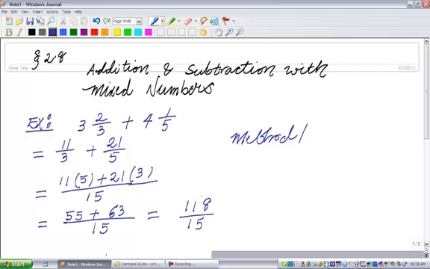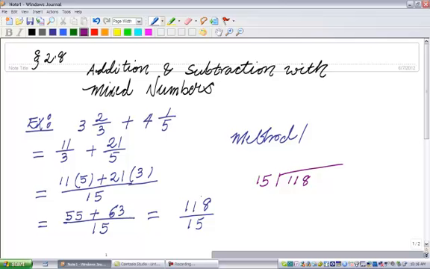Okay, now I need to convert my result. Because I started with mixed numbers, I want my answer in mixed numbers. So I'm going to divide 118 by 15.